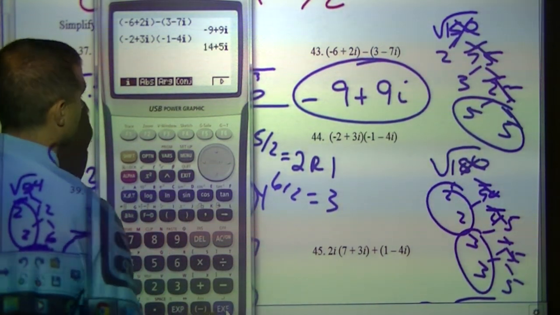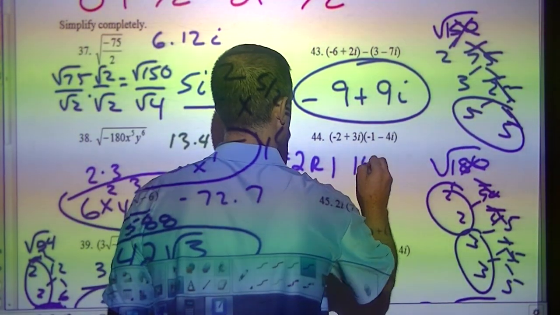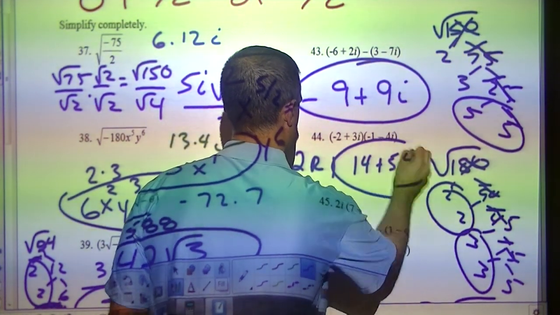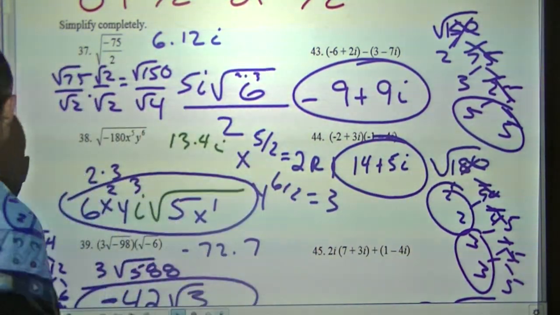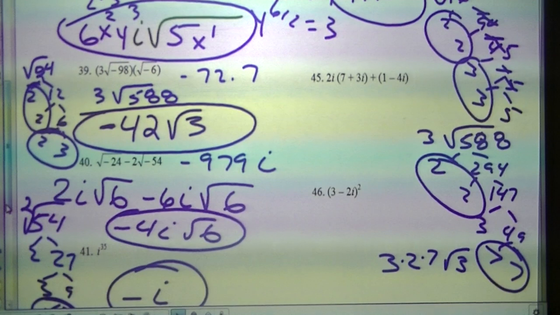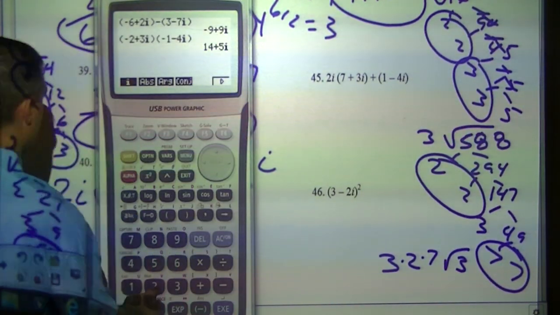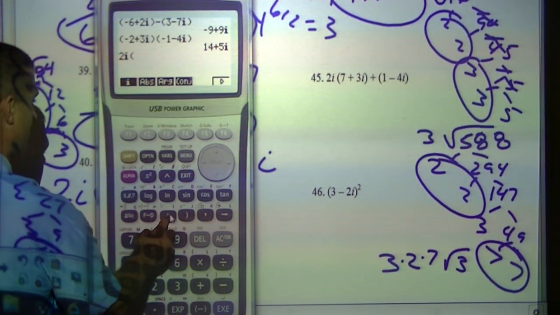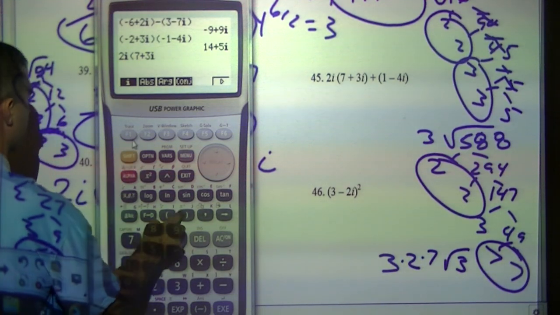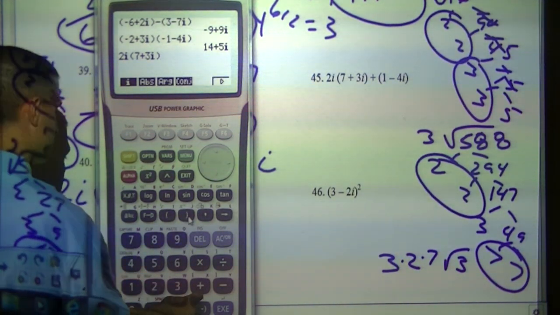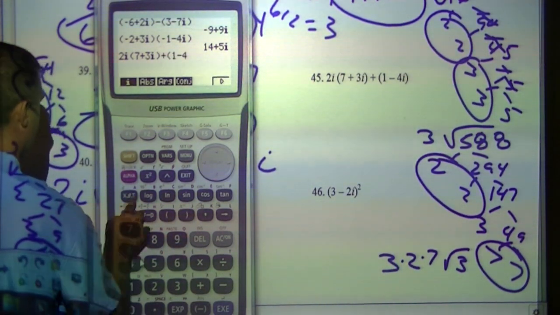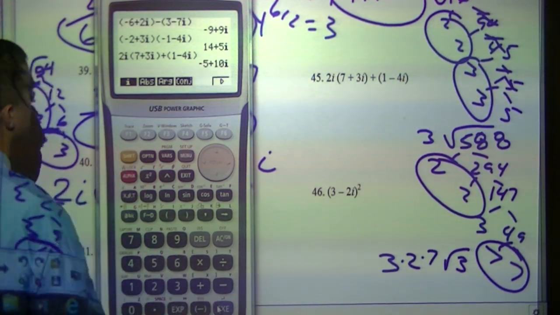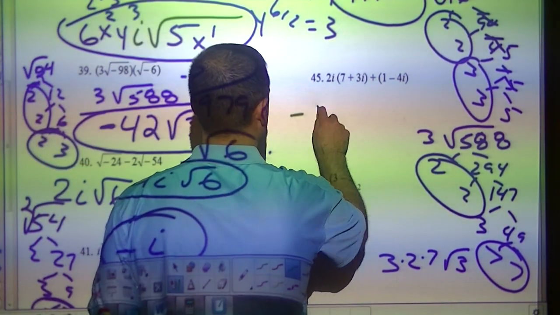So that's 14 plus 5i. And then 45. 2i, 7 plus 3i, plus 1 minus 4i. Negative 5 plus 10i.